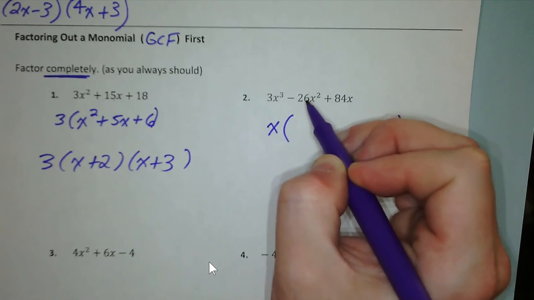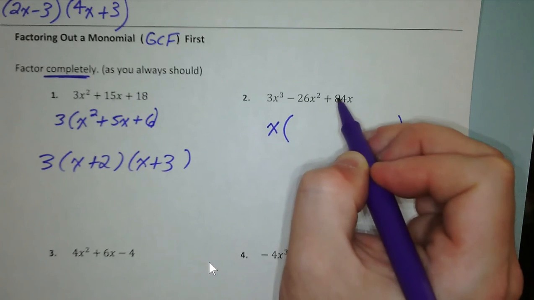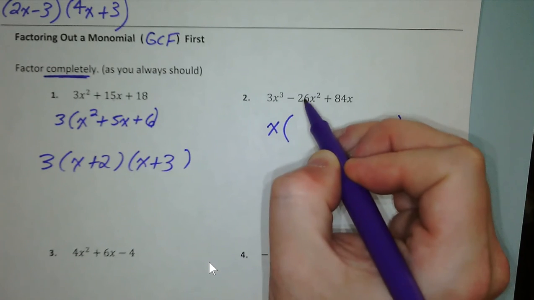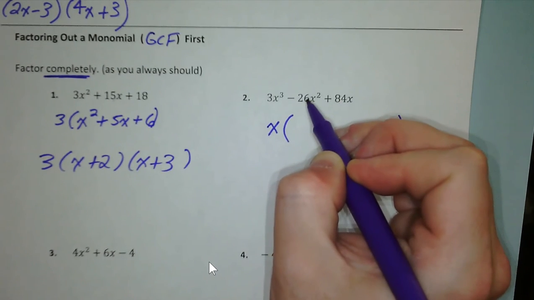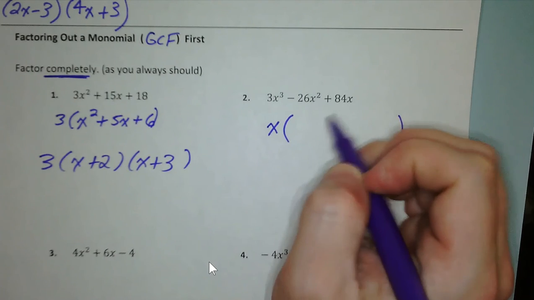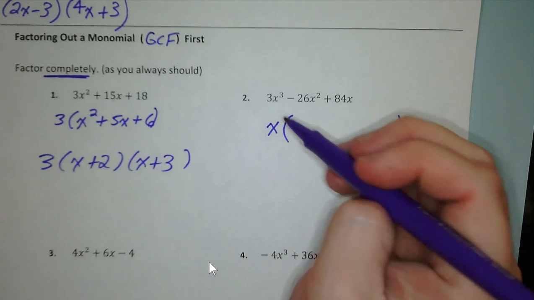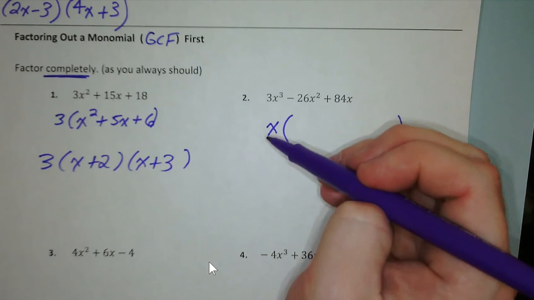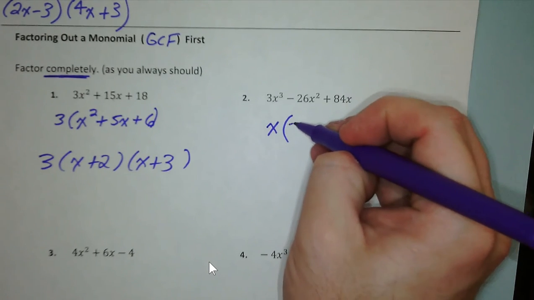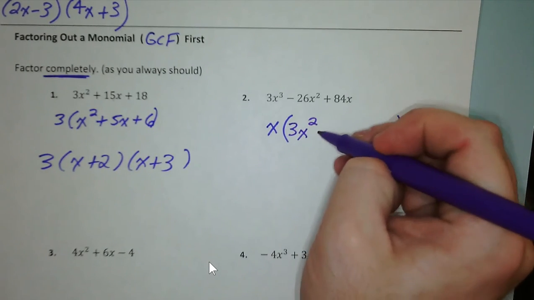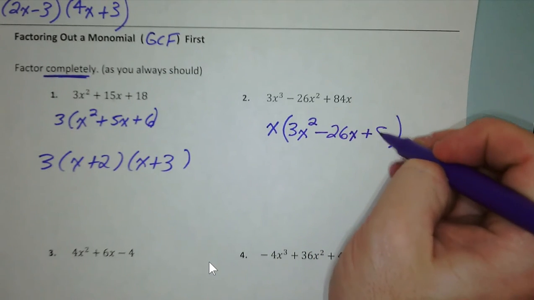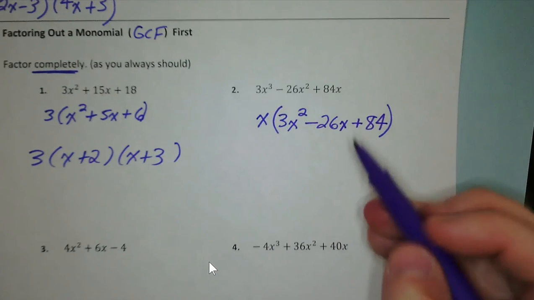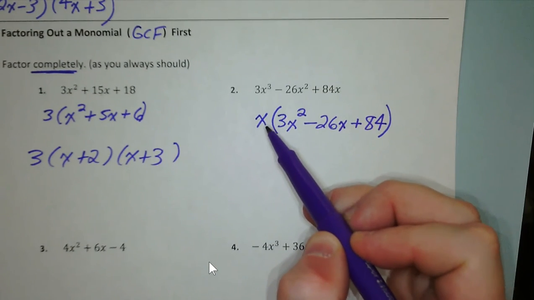But then I looked here. Yeah, no. I don't think you can divide 3 away from 84 or 26. Can we? No, yeah, we can. Actually, we can here, but not here. So, yeah. The GCF is not going to include a 3. So what's left over here is 3x squared minus 26x plus, holy crap. I mean, right? The GCF is only x, right?